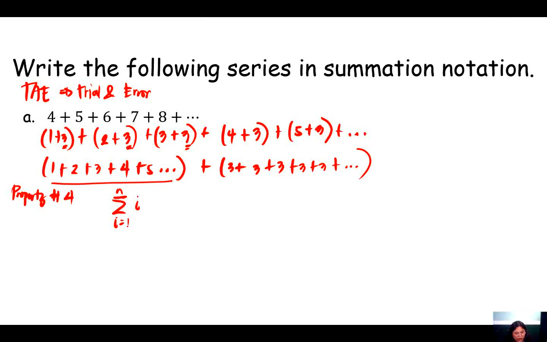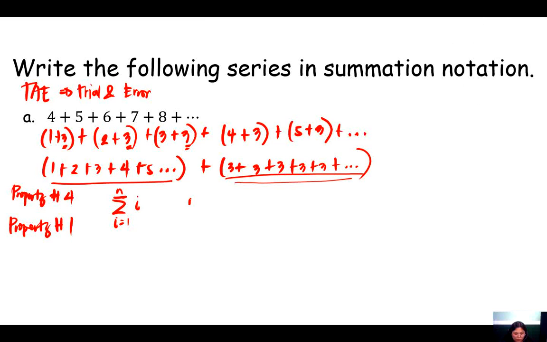Okay, kasi yung i natin is starting point 1. 1, 2, 3, 4, 5, and ellipsis. Okay? What property can we use for this? This is constant. So, therefore, we can use property number. Dalawa lang naman yung property natin na may constant, 1 and 2. So, we can use number 1.